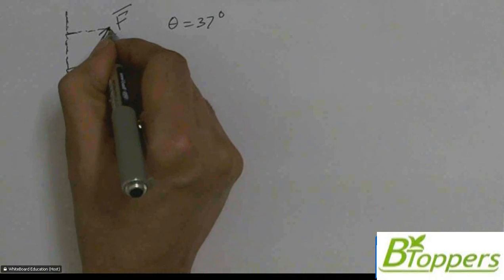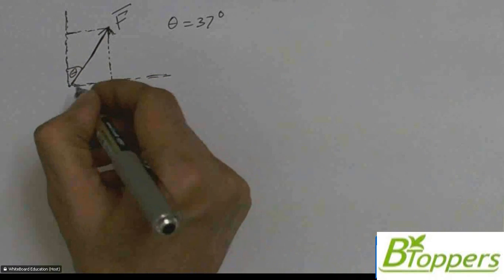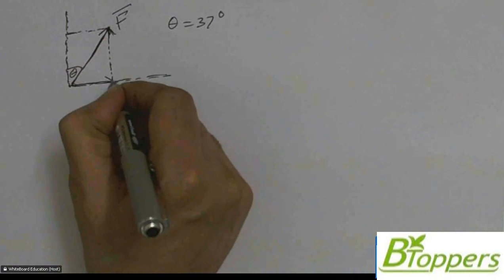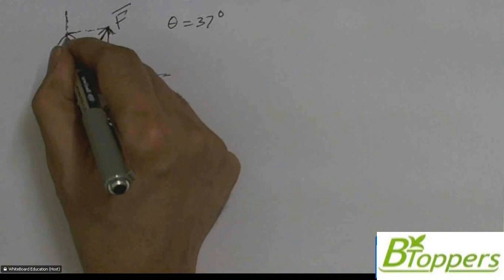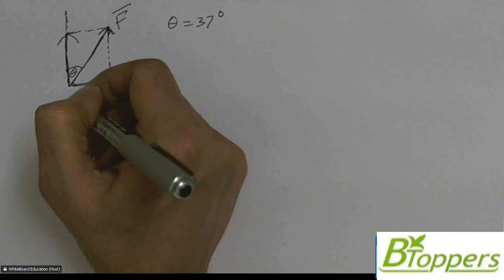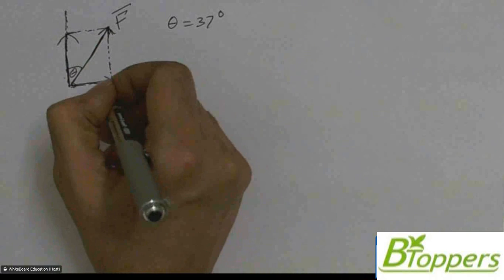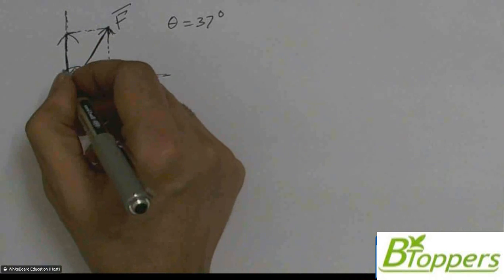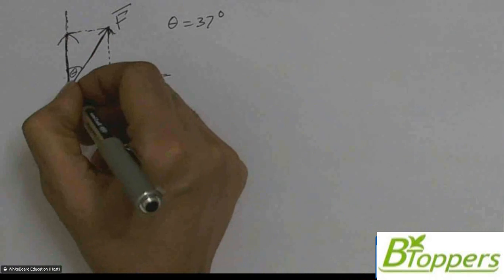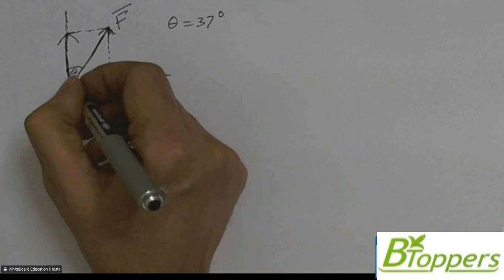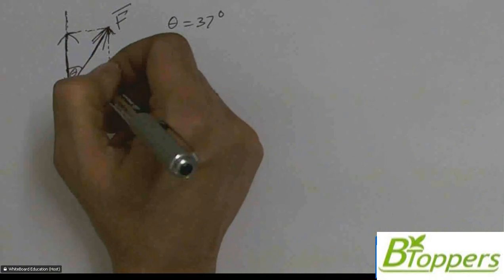To resolve the force F bar into two rectangular components along the horizontal and vertical directions, you have to construct a rectangle with adjacent sides of the rectangle along the horizontal and vertical directions, such that the force F bar acts along the diagonal of the rectangle.